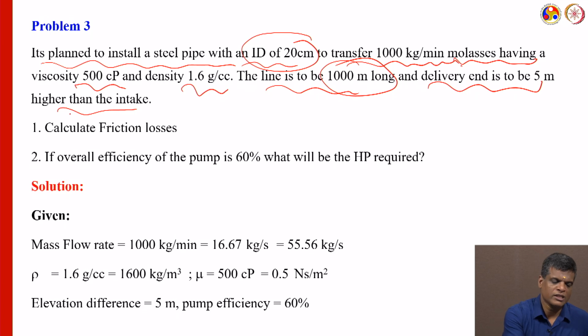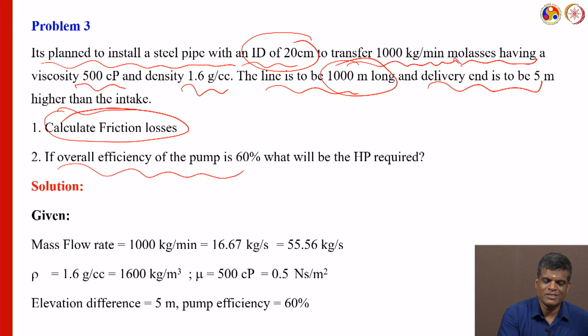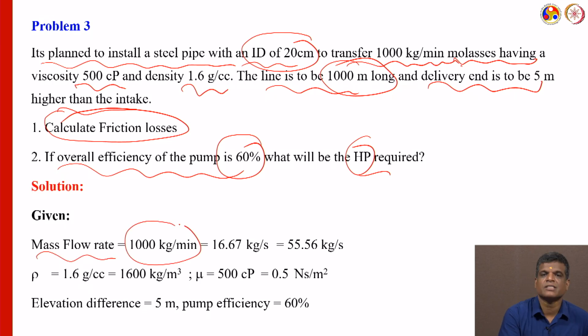Okay. So they are asking to calculate the friction losses, and if the overall efficiency of the pump is 60%, what will be the power in terms of horsepower. So given the mass flow rate of 1000 kg per minute, of course you have to convert to kg per second.